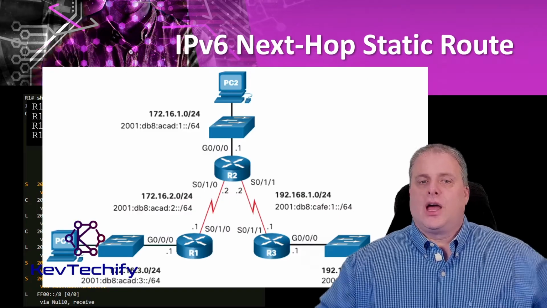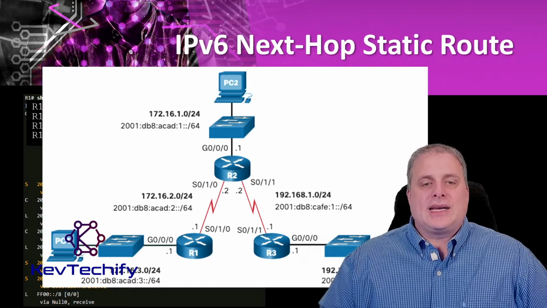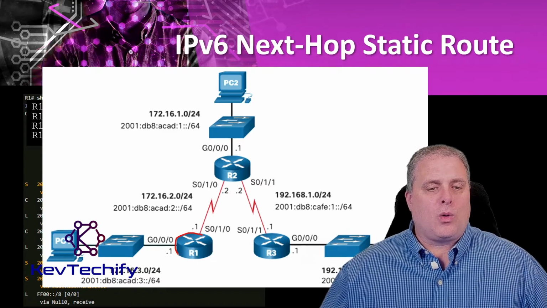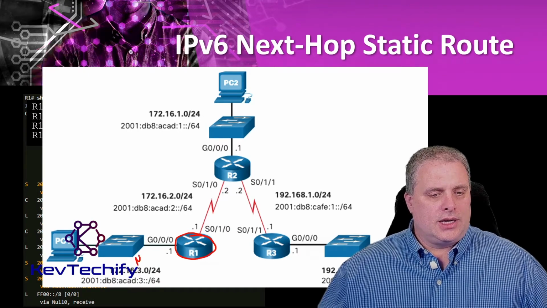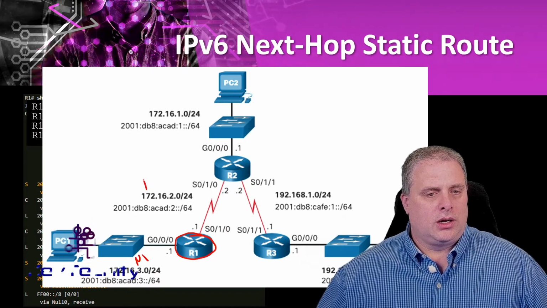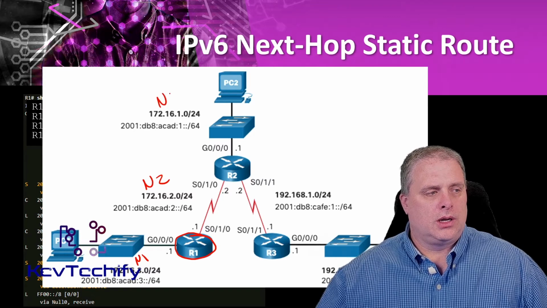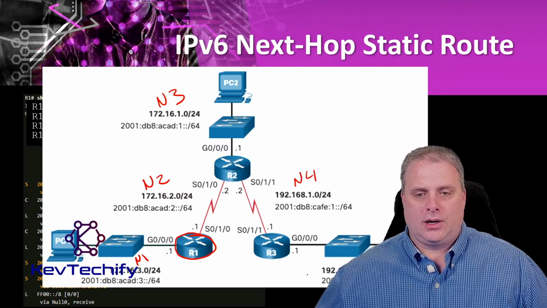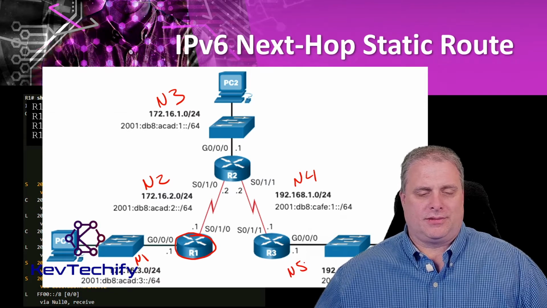IP version 6 functions the same way. Next hop IP addresses. Once again, we're starting our conversation from R1. And this is network 1 here, network 2, network 3, network 4, and network 5.